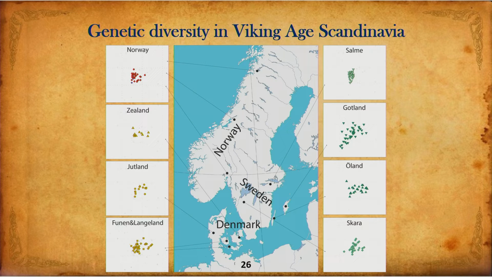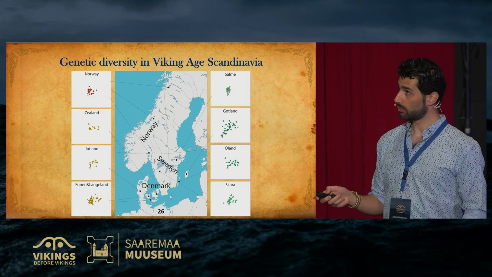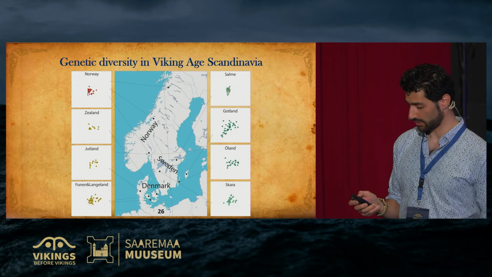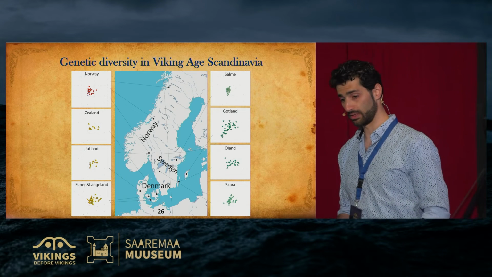So yeah, this was definitely unexpected to find this area, geographically far bigger than a single cemetery, but genetically far less diverse. And in retrospect, of course, when we think about it, it's probably because the most activity was happening in this region during the Viking Age, where you had all the trade, maybe slave trade or other things happening. Basically, this was the most active region during the Viking Age in Scandinavia.